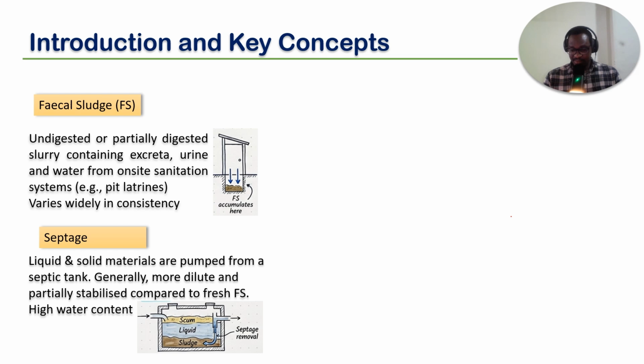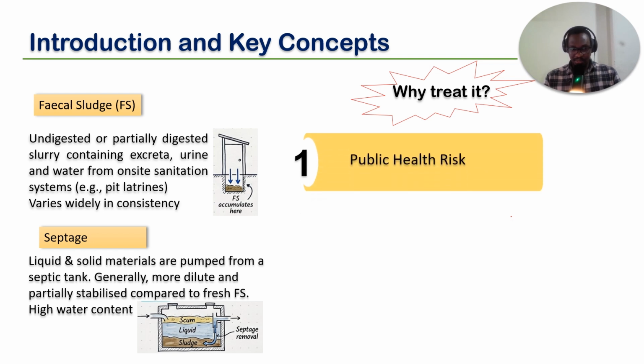So now that drives us to why do we need to treat this waste? The first thing has to do with public health risks. The reason why we treat this waste is to ensure that we manage or prevent public health risks associated with exposure of this fecal waste into the environment.